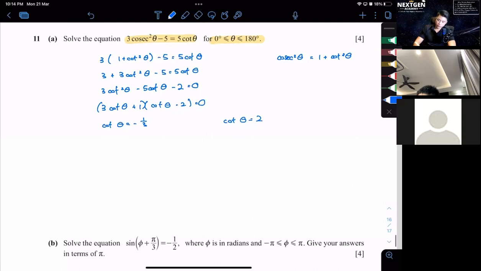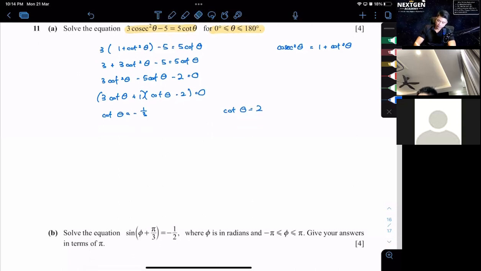All right, so we need to do the fun part, ASTC. So tangent theta equals negative 3. Go ahead and shift tangent 3, you'll get 71.6 degrees. Okay, then we do our ASTC. This is a negative, and we only want from 0 to 180 degrees.